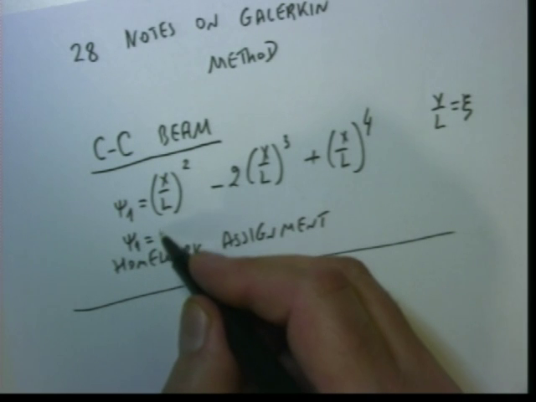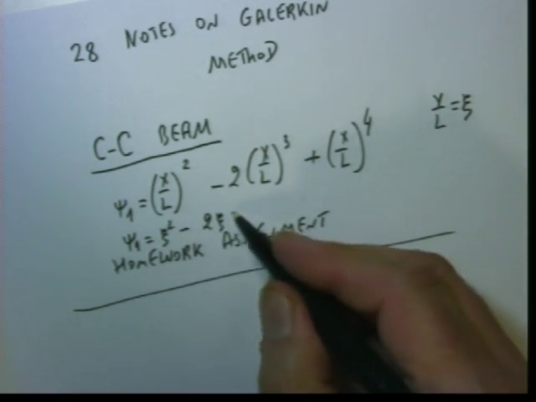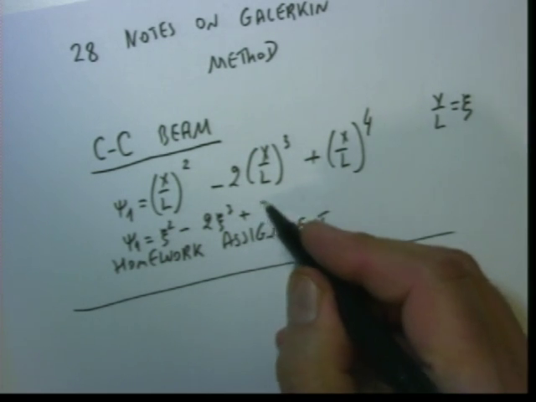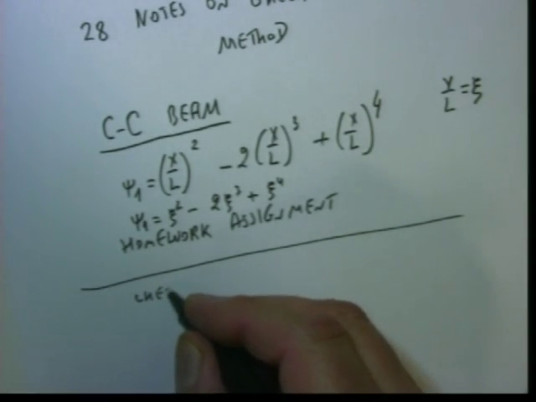Then psi 1 equals xi squared minus 2 xi cubed plus xi in fourth power. And we can actually check whether this expression works.